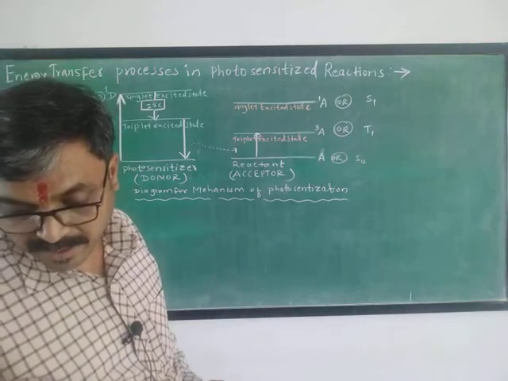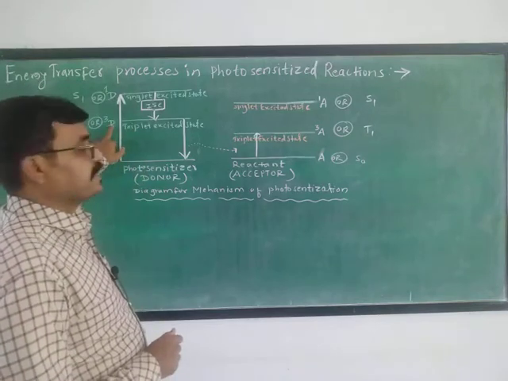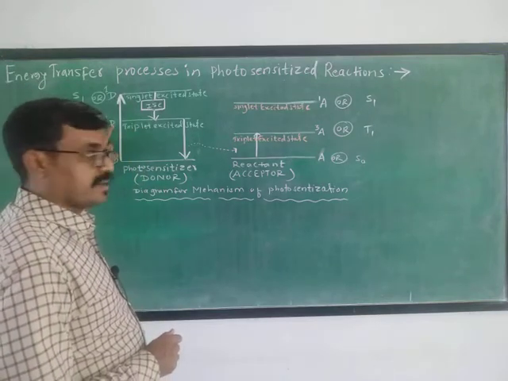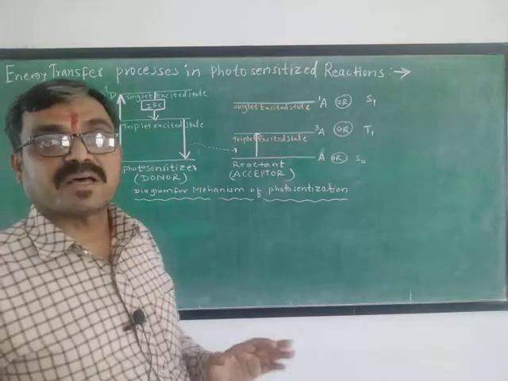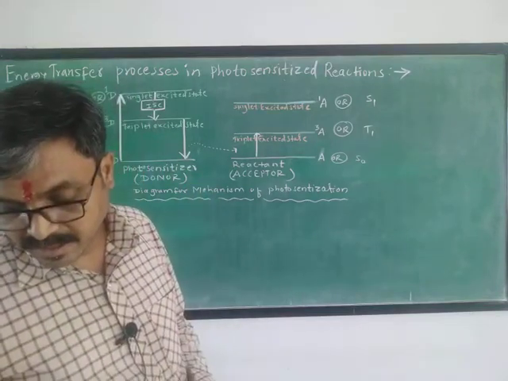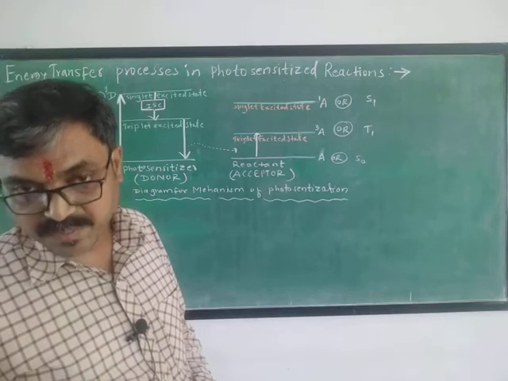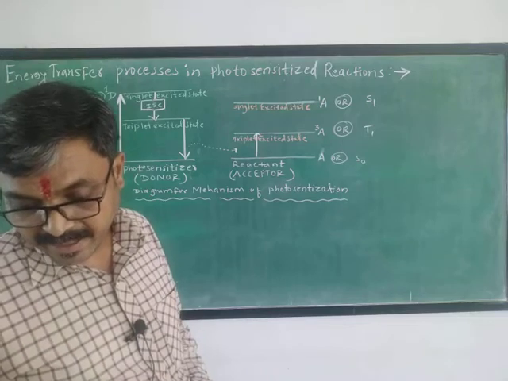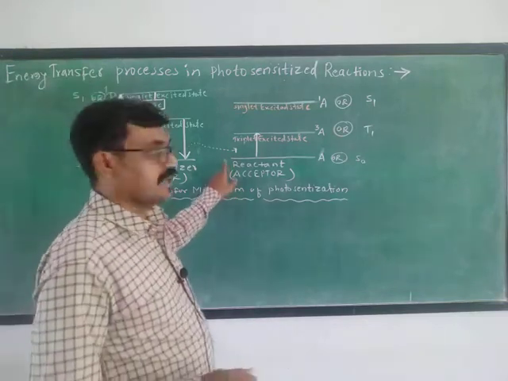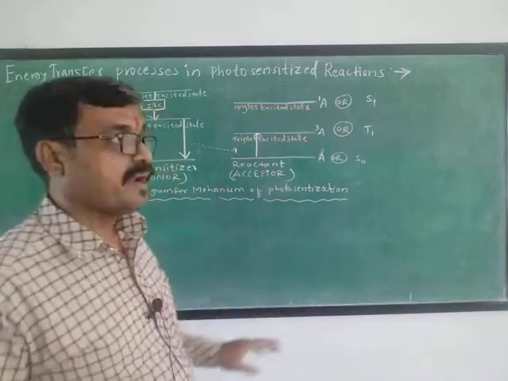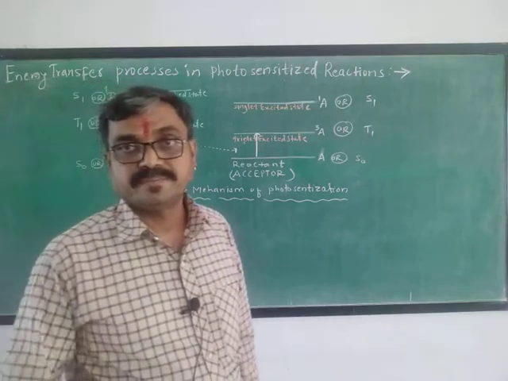However, if the products result from the triplet excited state of the donor, that is, from the D3 state, then such reactions are called quenching. Here acceptor A is called a quencher and the reaction is called a quenching reaction.